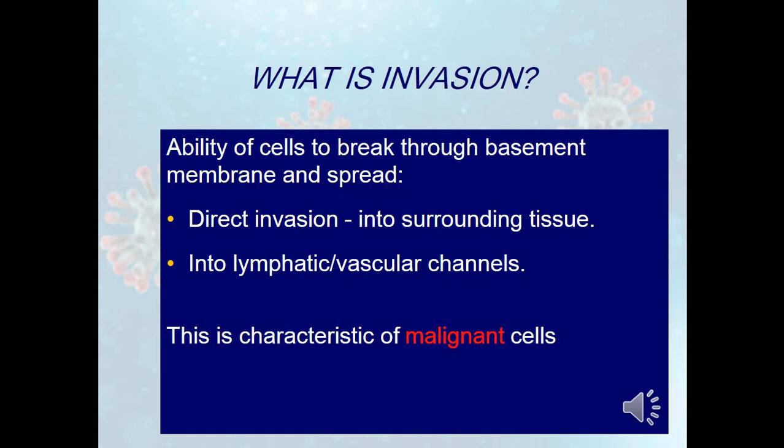What is the difference between benign versus malignant lesions in invasive behavior? Most benign tumors grow as a cohesive expansile mass and develop a rim of condensed connective tissue, which we call the capsule, at the periphery of the tumor.